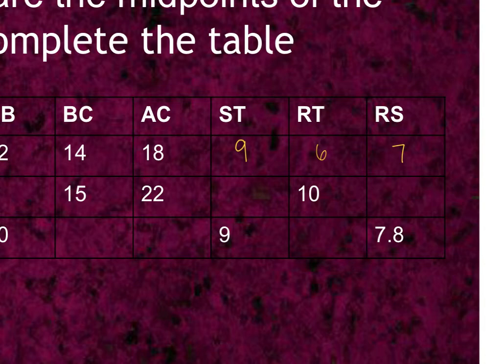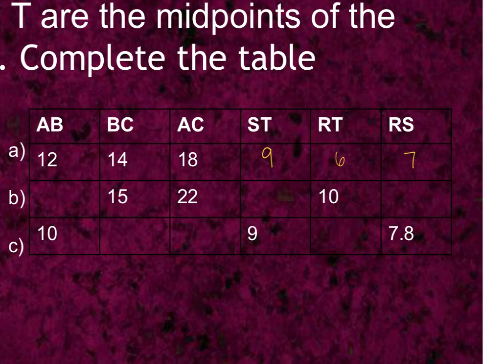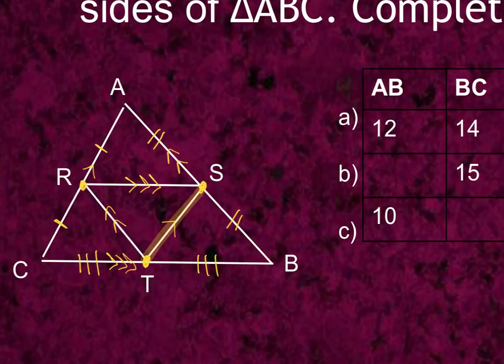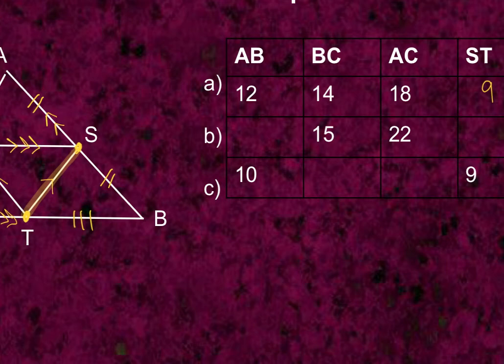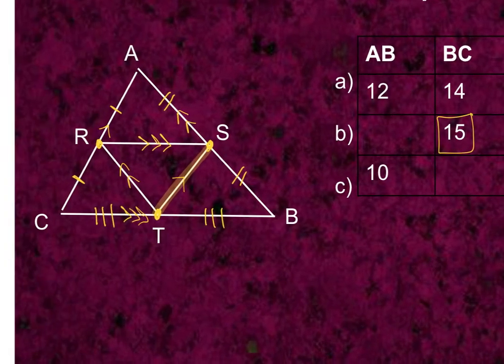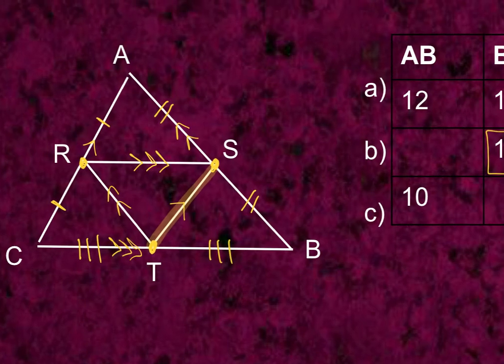Okay, so if BC is 15, what mid-segment does that tell us information about? I want to use this information, BC being 15, to help me figure out one of the mid-segments.